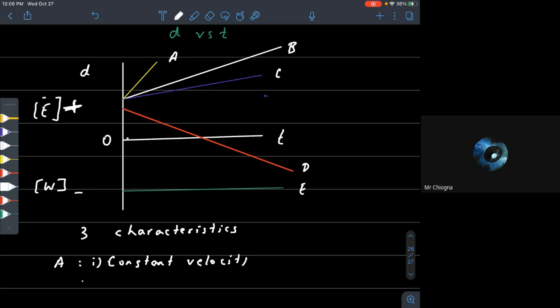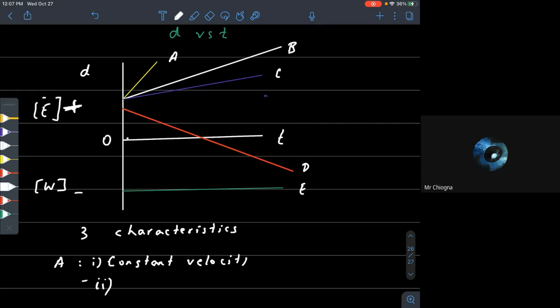Changing. Second characteristic, in no particular order: how fast are they moving compared to the others? It's a relative question. So in A, how is that slope compared to the slope of B or C? Do you think A is moving faster than B or slower than B?